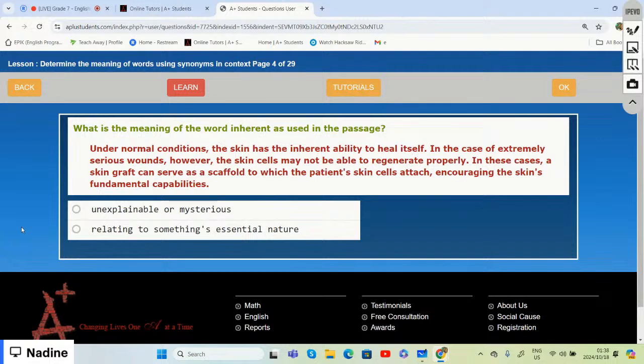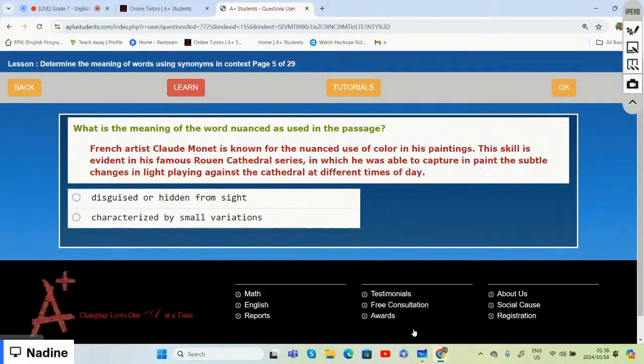All right. And if we were to select the synonym of the word inherent, then we'll choose option two, relating to something's essential nature.